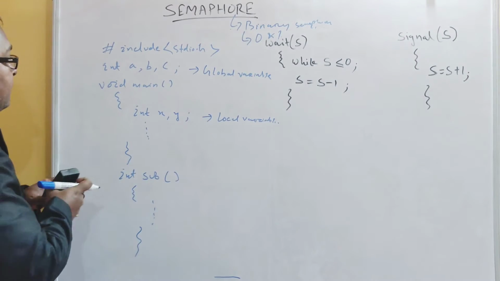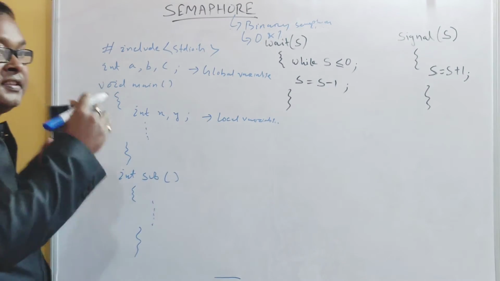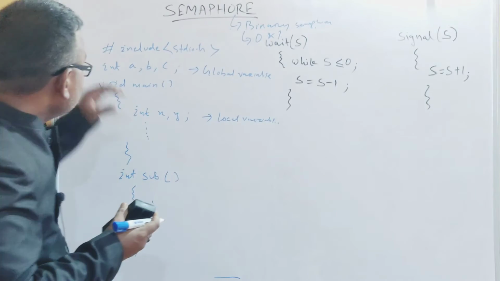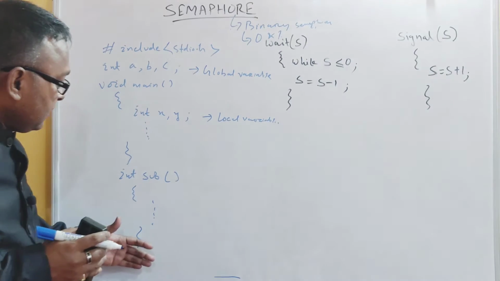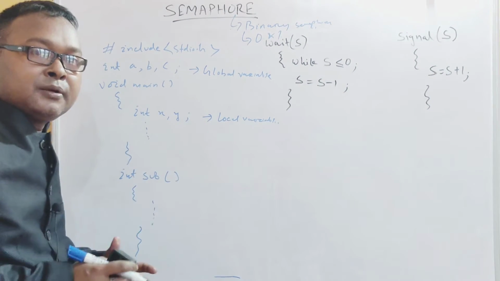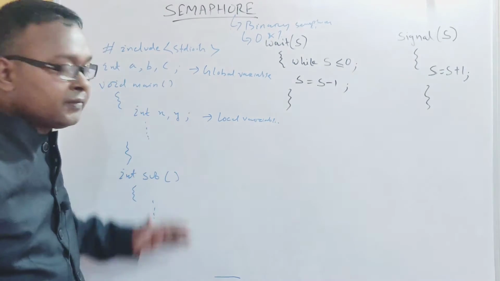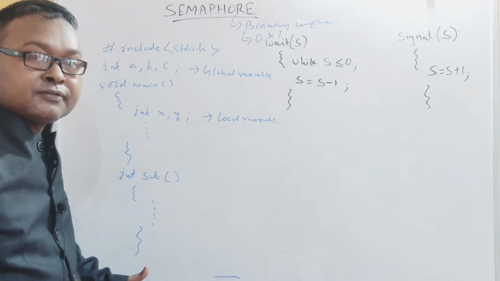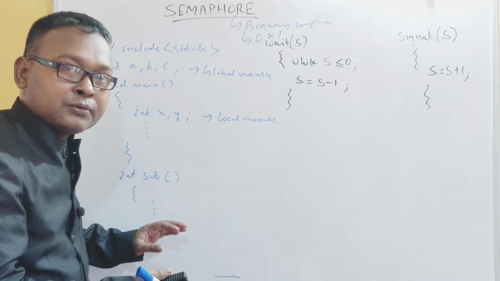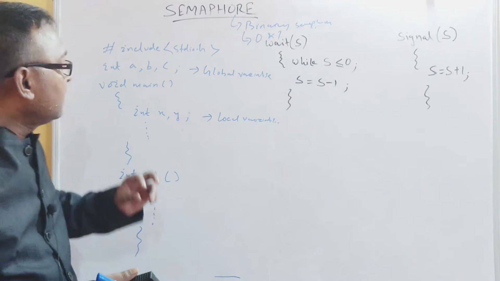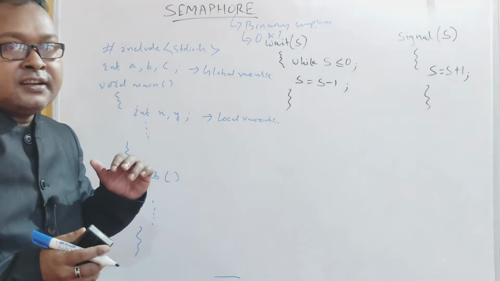See, this global variable is a shareable variable. This shareable variable can be utilized by any part of your program. For example, if it is a lengthy program, 1000 lines of code you have written, if any part of that code wants to access the global variable, it can go for accessing that global variable.